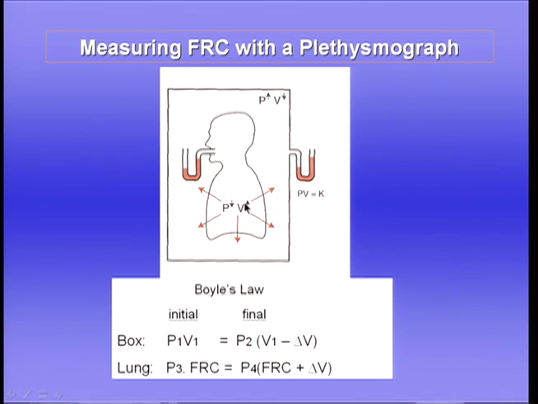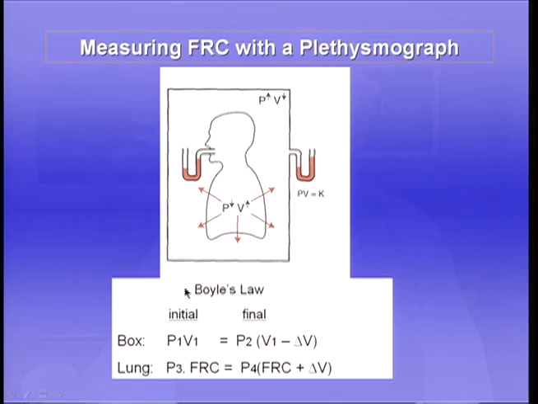As a result of this small increase in volume, the volume of gas in the box decreases, and therefore its pressure increases. Now, here we're using Boyle's law. I don't know how many of you remember Robert Boyle from about 1650, but Robert Boyle said that if you've got a volume of gas, pressure times volume is a constant at constant temperature. That's Boyle's law, and that's what we're using here.